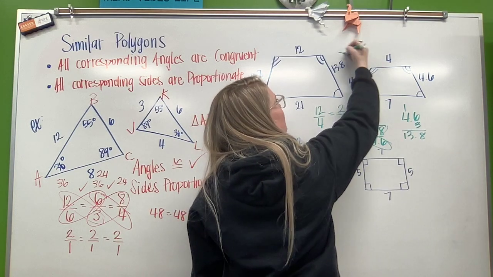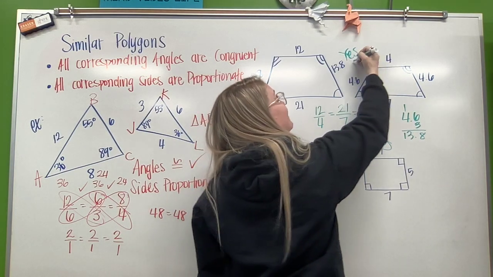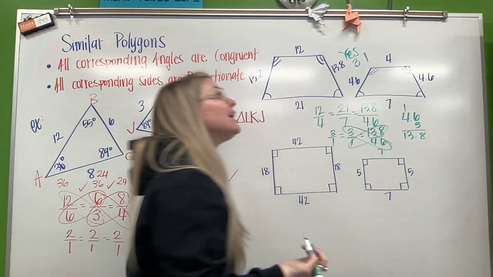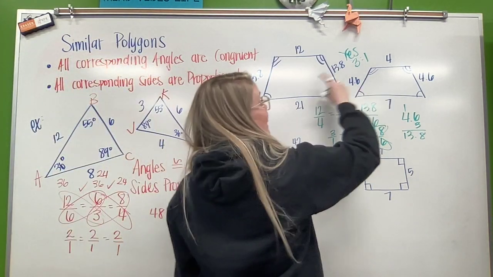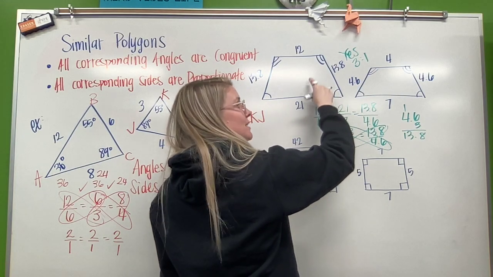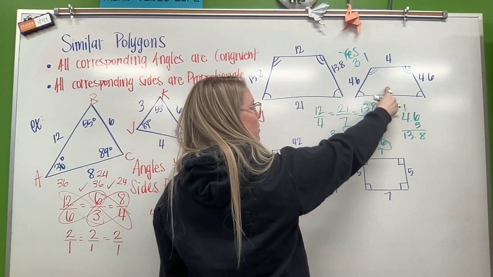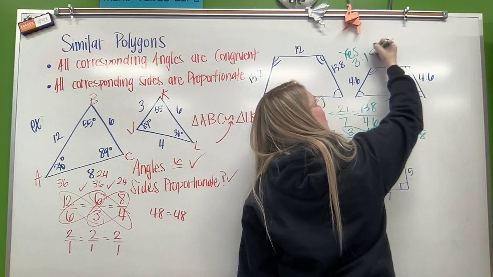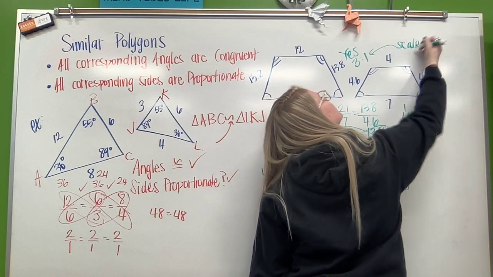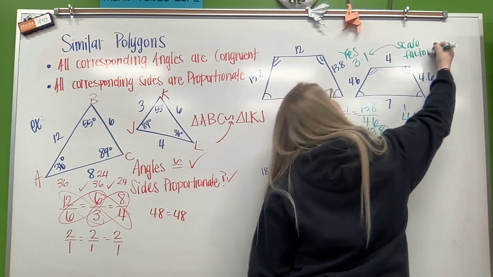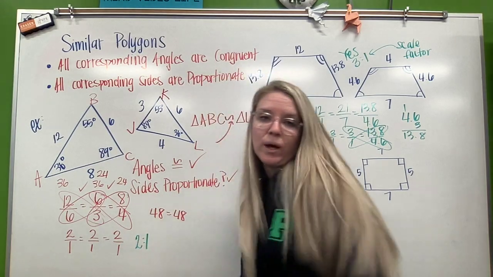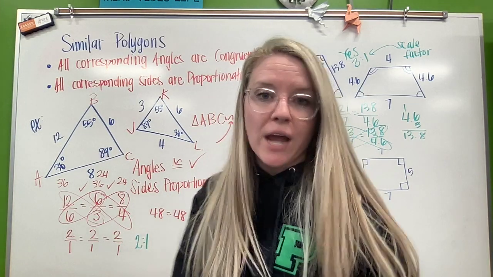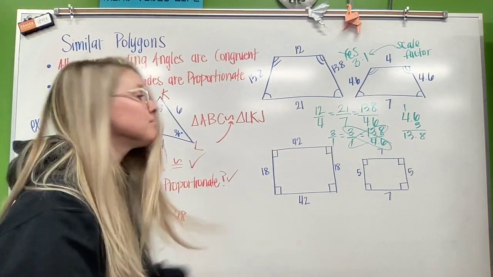So yes, these are proportionate, and the scale factor is 3 to 1. That means this trapezoid is 3 times the size of this trapezoid. Again, this is called the scale factor. Over here, our scale factor was 2 to 1. You could also keep it as a fraction. 2 over 1 means the same thing.